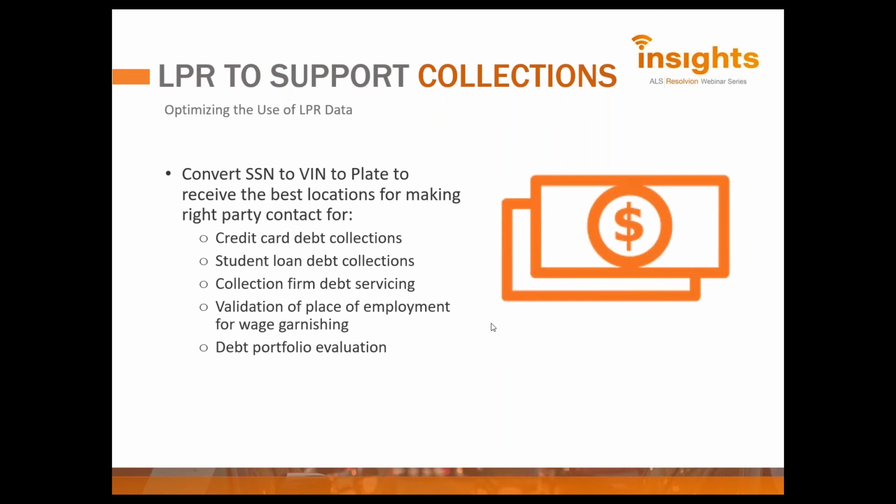In some cases, we have lenders beginning to use LPR data and analytics to say, maybe we can collect on some percentage of this before we actually put it out for sale, or the brokers and companies bidding on the files using the data to help better score the collectability of this particular debt file.